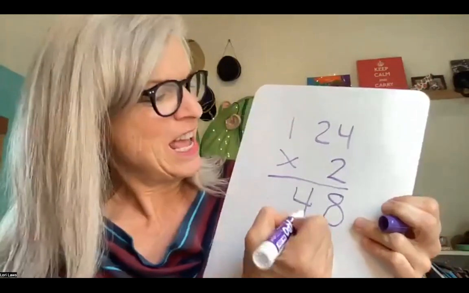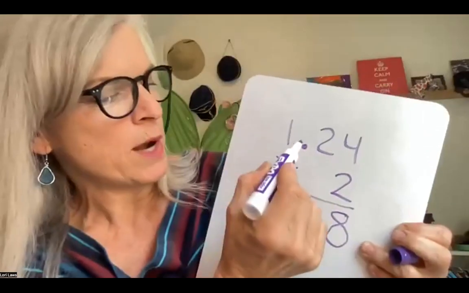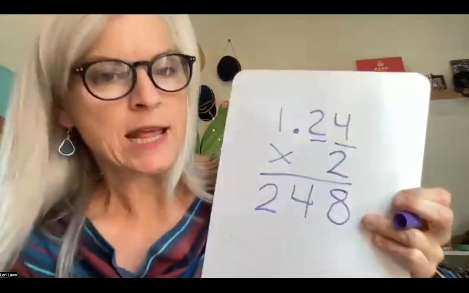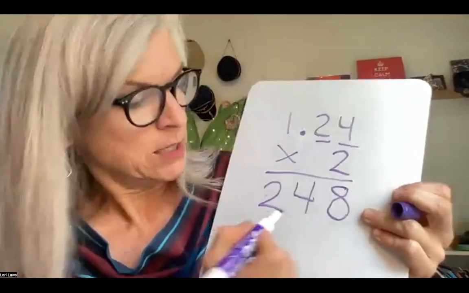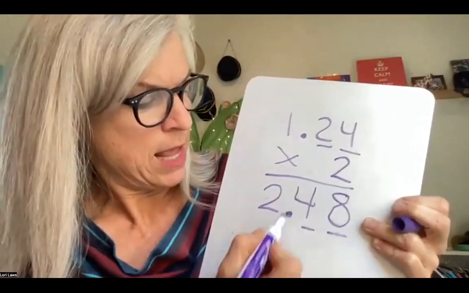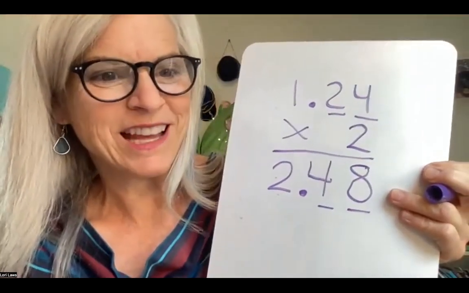Good. And 1 times 2 is? 2. But remember, this wasn't whole numbers. This was 1.24. It had 2 numbers behind that decimal point. So my answer needs to have 2 digits behind the decimal point, and that's how I know where it goes. How's that for tricky?